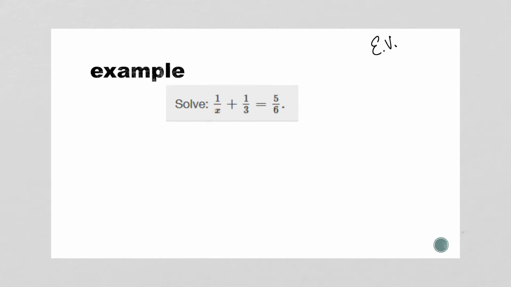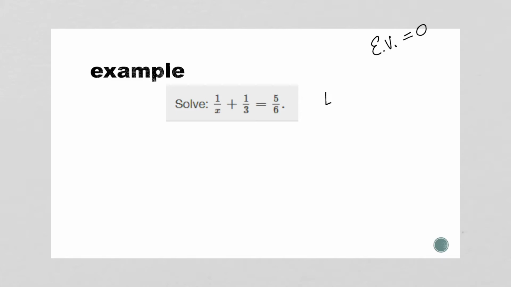It is possible that this x is 0 whenever we do all of our math and we solve for it. So I need to write that my excluded value is 0, because if I end up with x equals 0, I know that that is an extraneous solution.